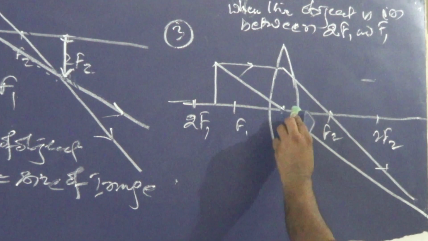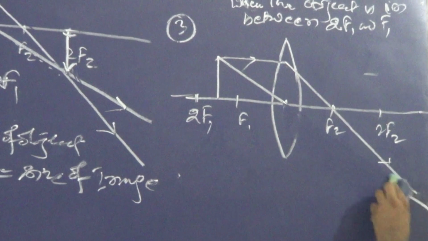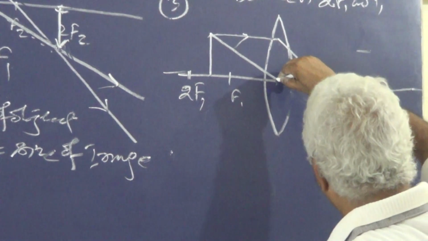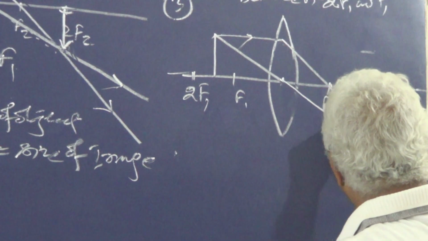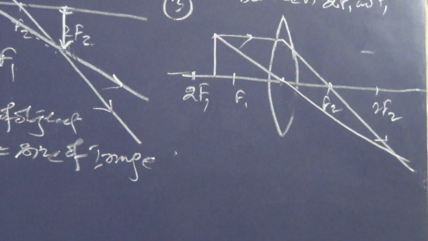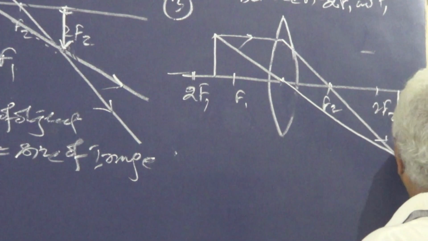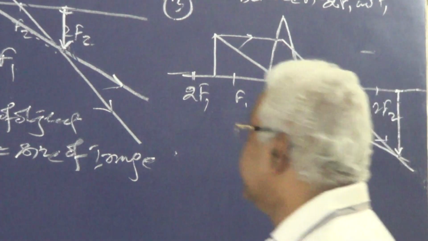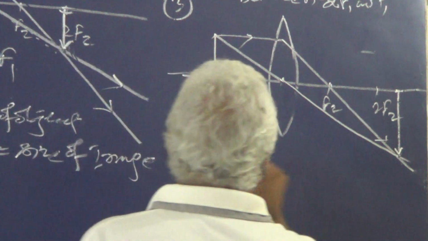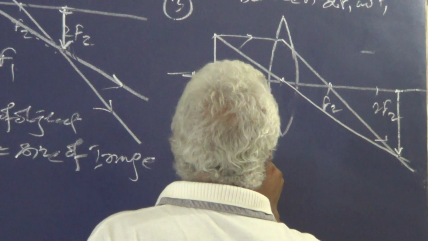I think we have deviated a little bit. So your image is formed like this. What will be the nature of the image? Inverted.